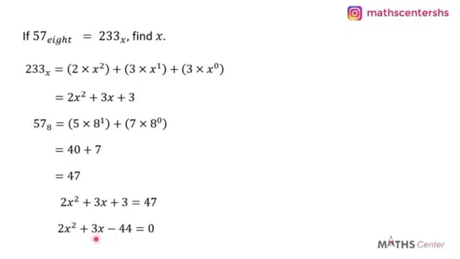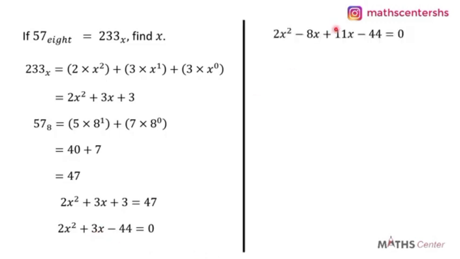And those two numbers are negative 8 and 11. So you will replace 3x here with negative 8x and 11x. When we do that, we are going to have 2x squared minus 8x plus 11x minus 44 is equal to 0.